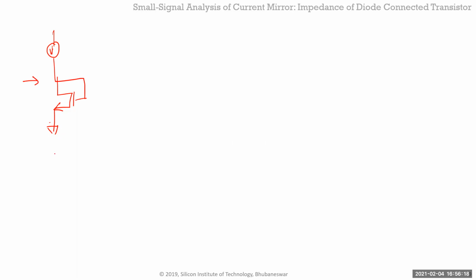So if I take this node, I apply some small signal voltage, V out, and it draws some small signal current, I out, then V out by I out is the impedance looking into that, right? So find this impedance. Very simple, replace this with the small signal model, and find out the small signal impedance. That's what you want to find out.